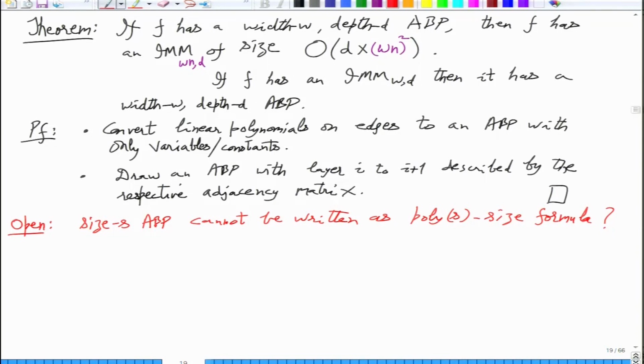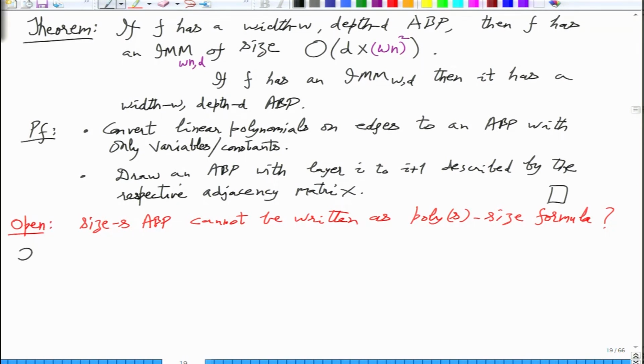What else can you compute with an ABP? So you have seen that you can compute matrix products, but what are the other examples? Yes, determinant will be a big example, but there is an even simpler example.